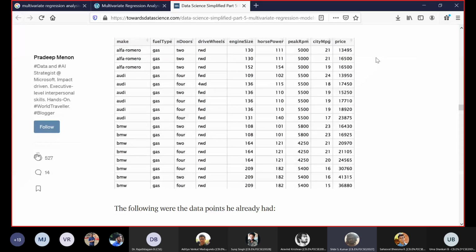Right. Service charges. Ma'am, you can also predict what kind of usage that particular vehicle will be used for, depending on these variables. When you say usage, what exactly do you mean? Let's say if you take really high power vehicles like Alfa Romeo, and it has two doors, you can make out that it's a sports car.